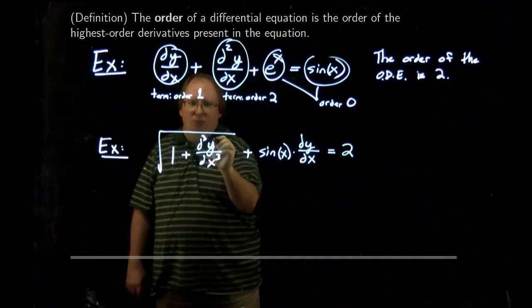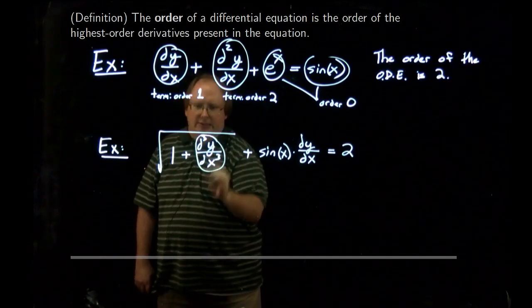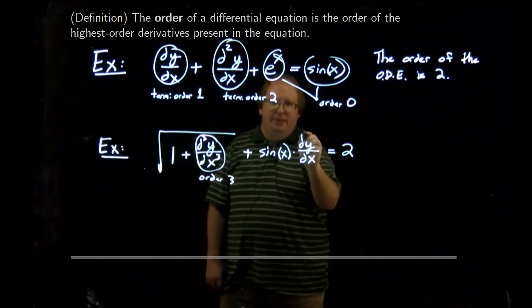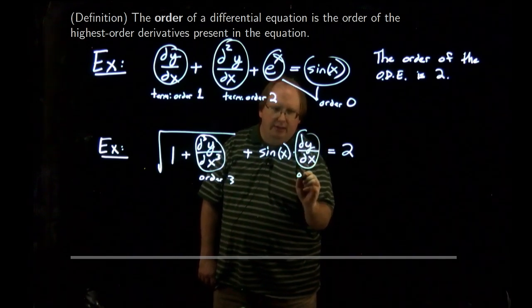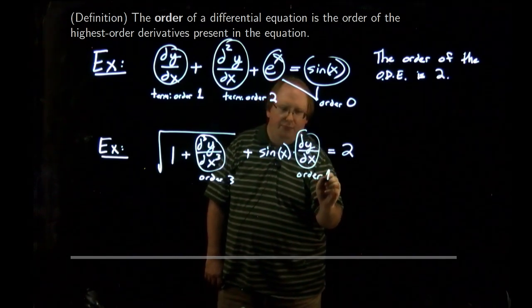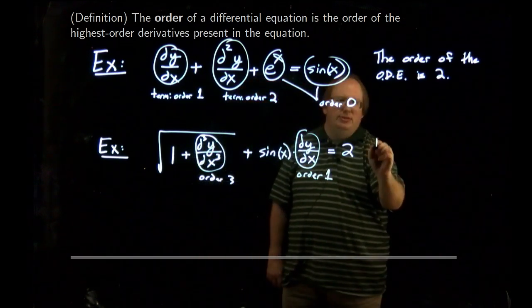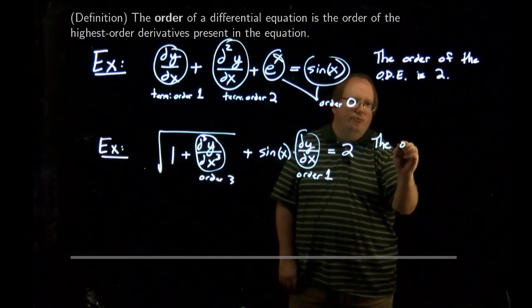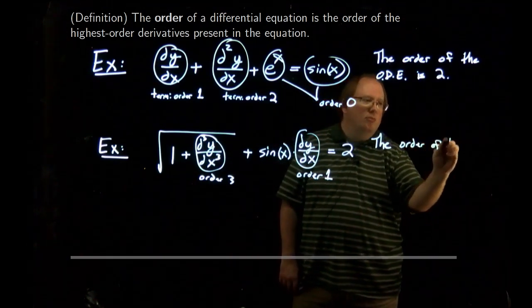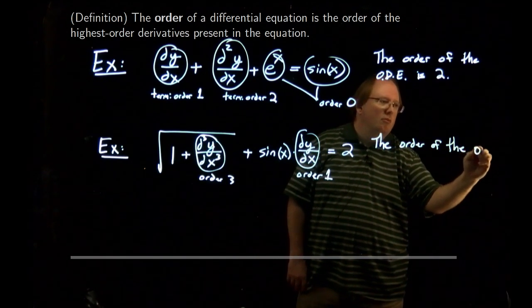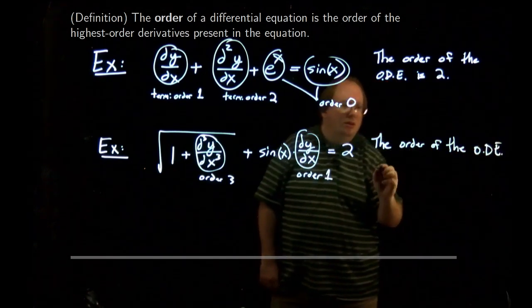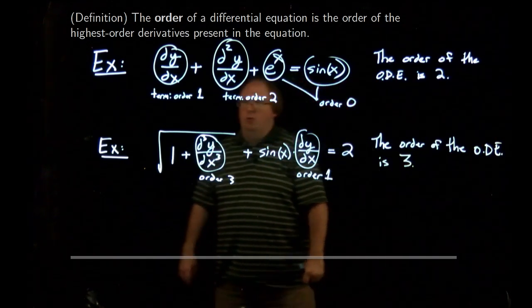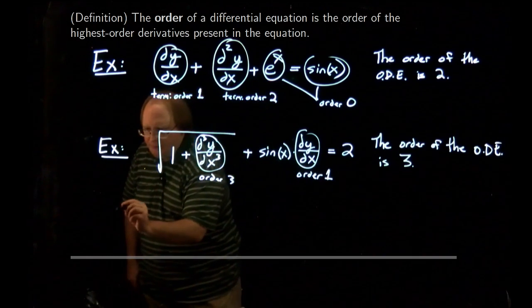In this case, this is order 3. This little guy is order 1. So the order of this ODE is the highest, which is 3.